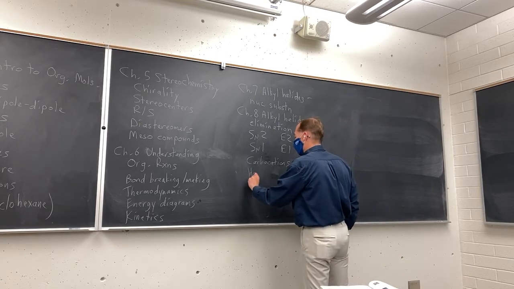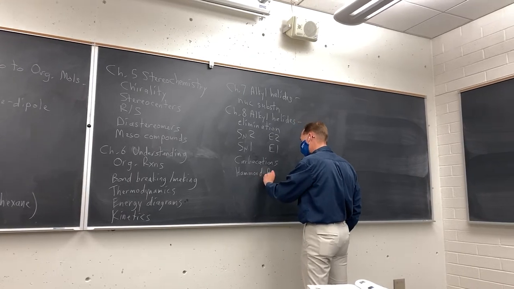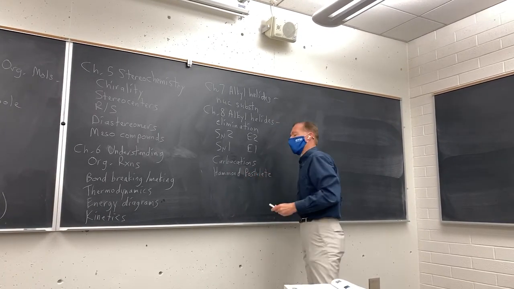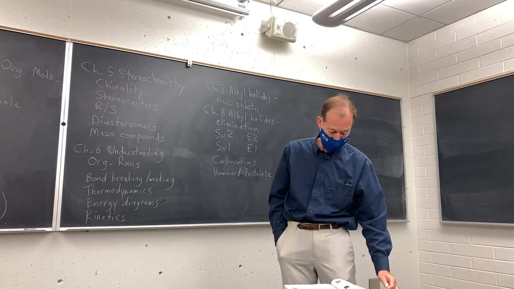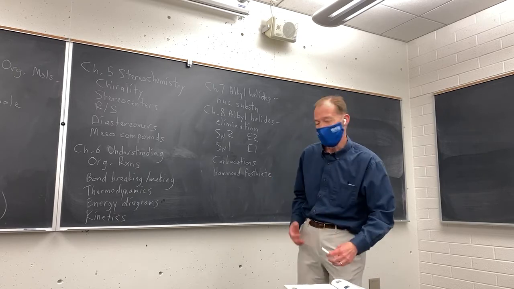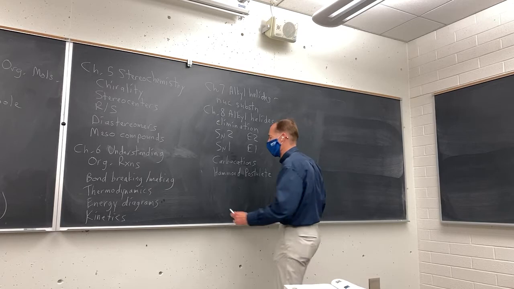And then we learned the Hammond postulate in conjunction with that, helping us to explain why more substituted carbocations are formed faster. And then in the elimination chapter, we learned a little bit about stereochemistry in eliminations, the anti-periplanar geometry.